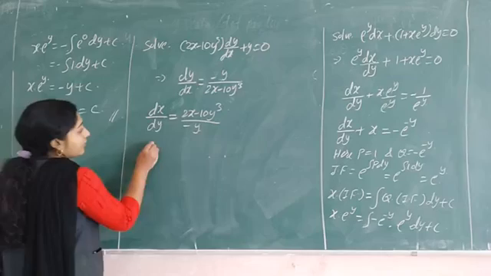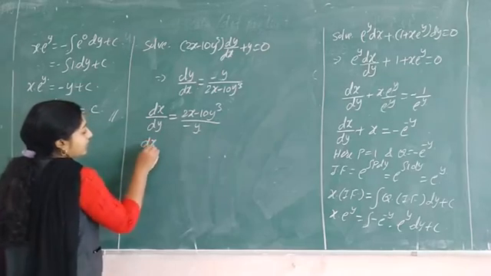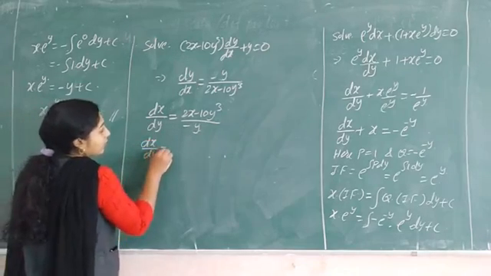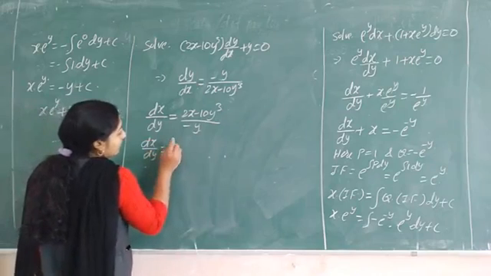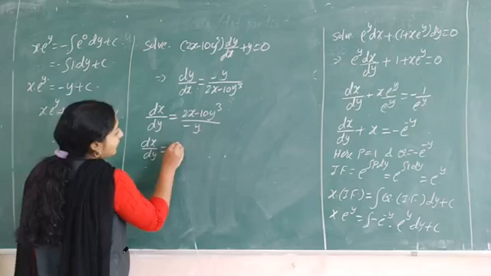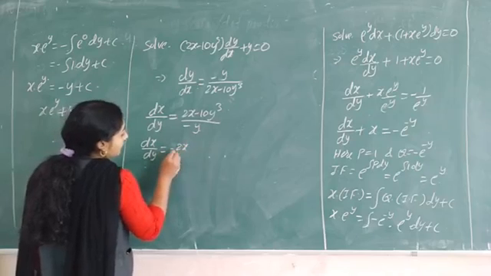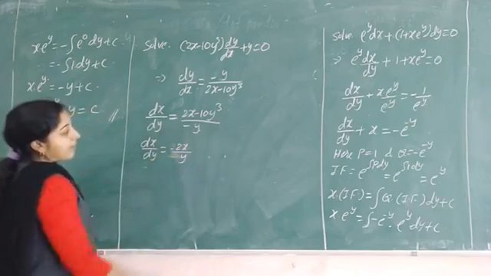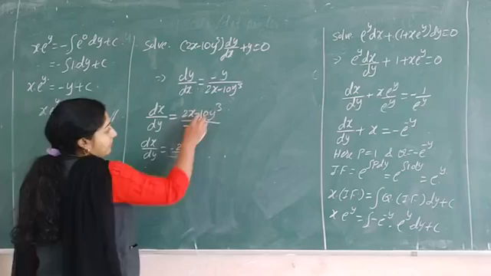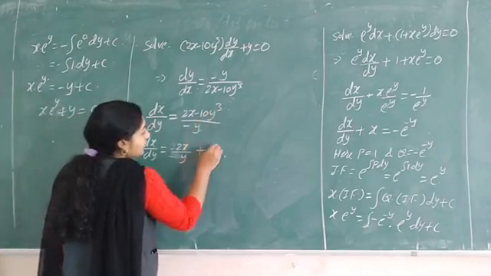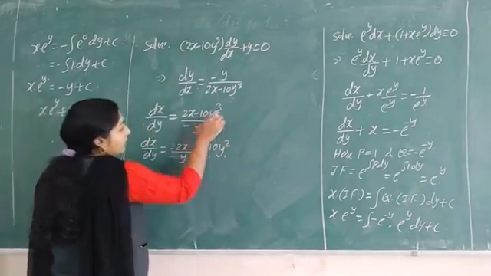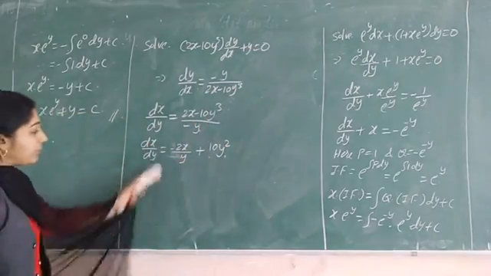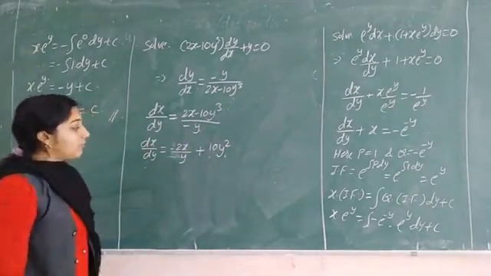So separate the terms. dx by dy is equal to, first term, minus 2x divided by y, because we have the minus sign. Next, minus into minus becomes plus 10y square, because one y gets cancelled. So minus 2x divided by y plus 10y square.